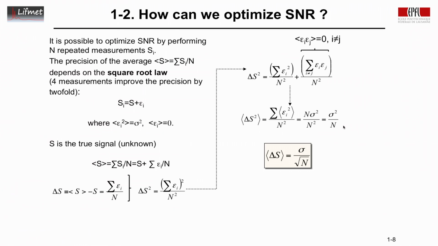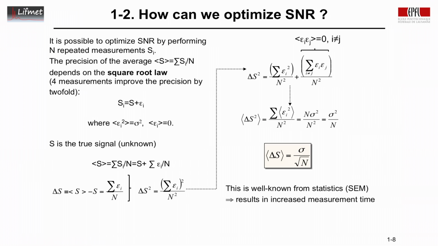Or in other words, the average amplitude of the noise, that is the deviation of our measurement relative to the ground truth, the average value, is given by sigma divided by root n, where n is the number of repeated measurements that we have done. So this gives us the square root law.